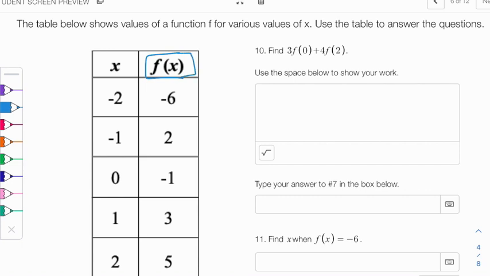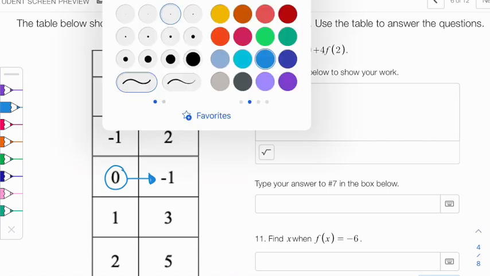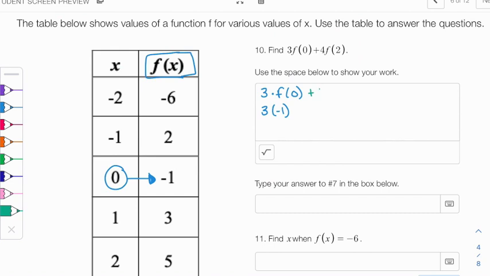So 3 times f of 0 means do 3 times whatever the value of f of 0 is. So I'm going to go to 0 on my table. What's the output? It's -1. So this is 3 times -1. And then it wants me to do plus 4 times f of 2.